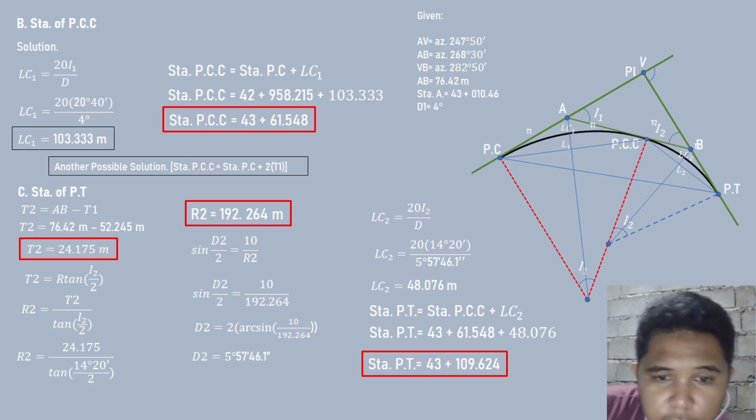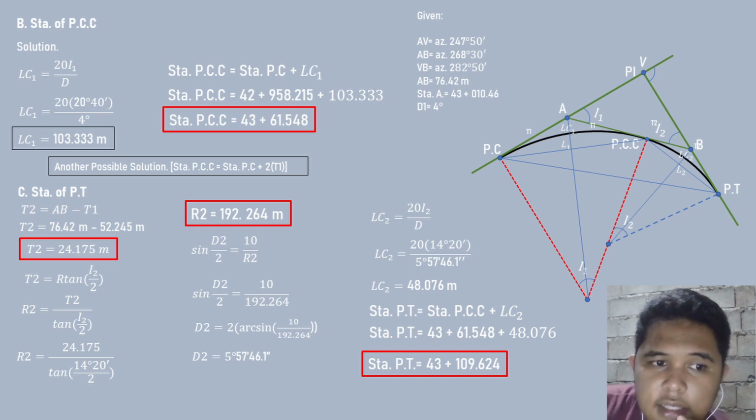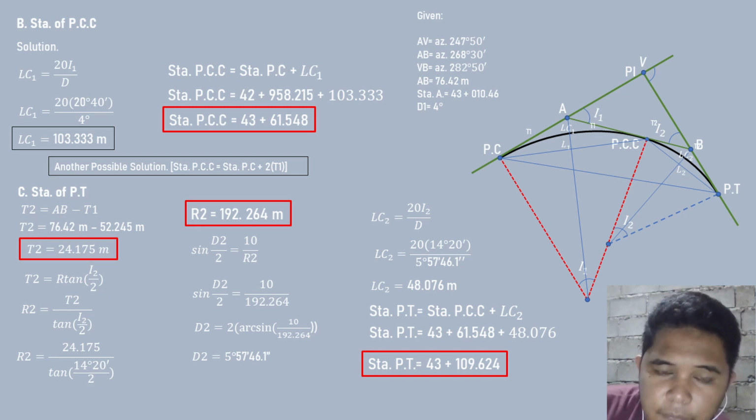Then we manipulate the formula and substitute to get d2. Then d2, therefore, is equal to 2 times the arc sine of 10 over 192.264. Therefore, the degree of curve of the second curve is 5 degrees 57 minutes and 46.1 seconds.